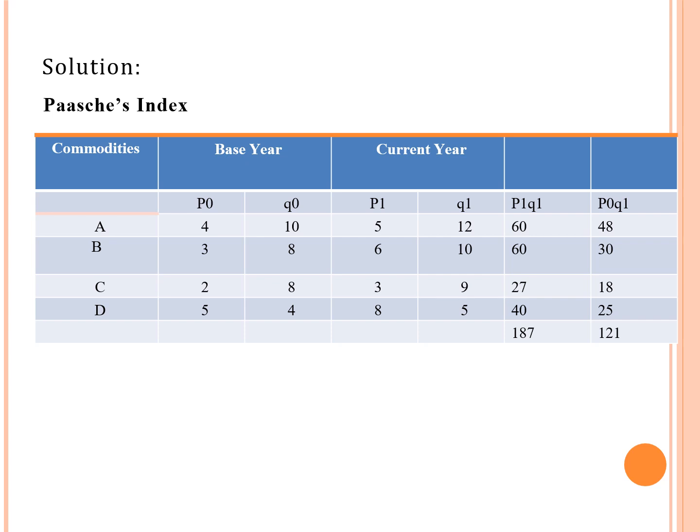So the total of P0 Q1 is 121, and the formula is summation P1 Q1 upon summation P0 Q1 into 100. We just put summation P1 Q1 and P0 Q1 in the given formula. So the answer is 154.54.